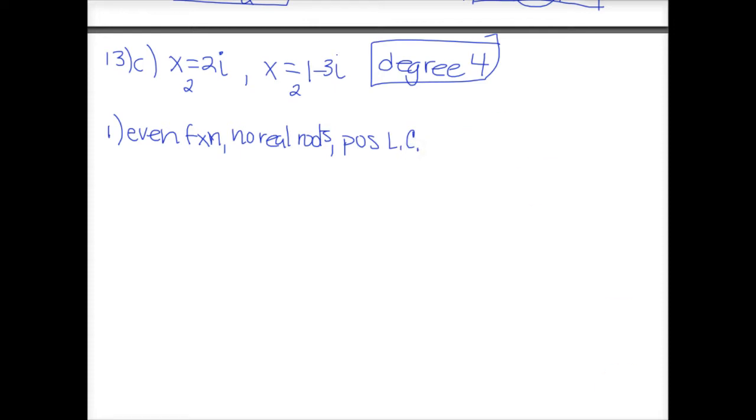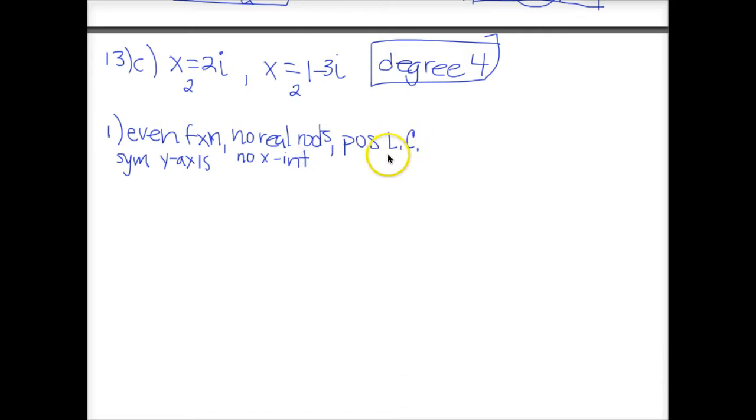So I'm going to look at my possibilities. Even function means that it has to be symmetric about the y-axis. So symmetric about the y-axis. No real roots means it should have no x-intercepts.